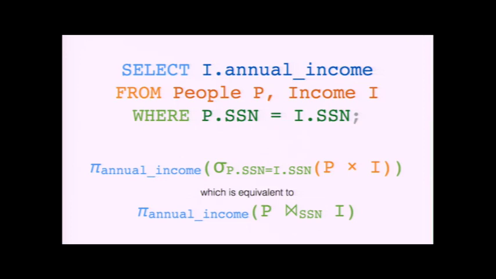Here we're selecting annual income from all the people. We have a people's table, an income table, and we're matching based on Social Security. That's basically projecting out the annual income field, and then we're selecting on this cross product of the two tables, P and I, the people's table and the income table.